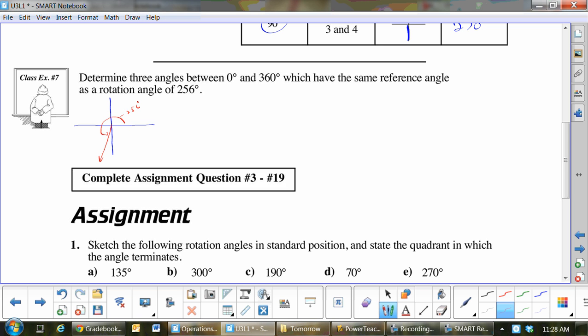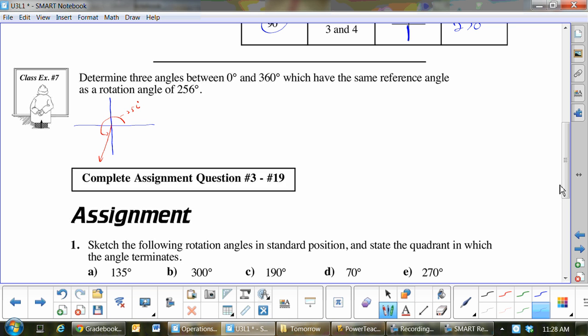Now, what I need to do is draw all the other angles that have the same reference angle as that. What is the reference angle? How much? 76 degrees. Does that make sense? Yep. Okay.